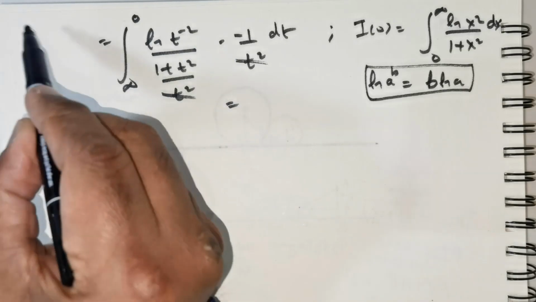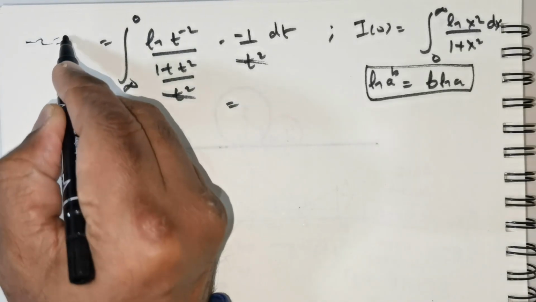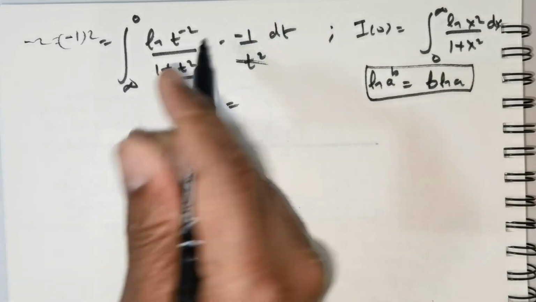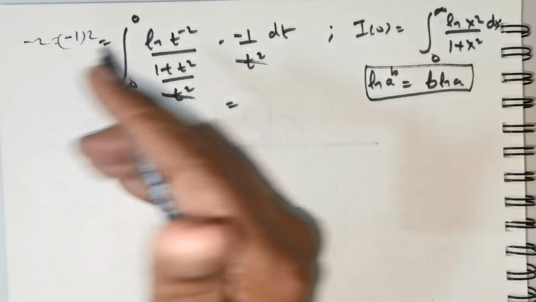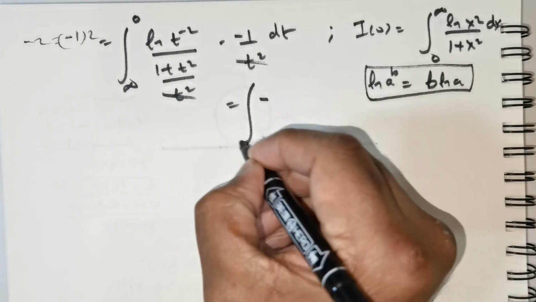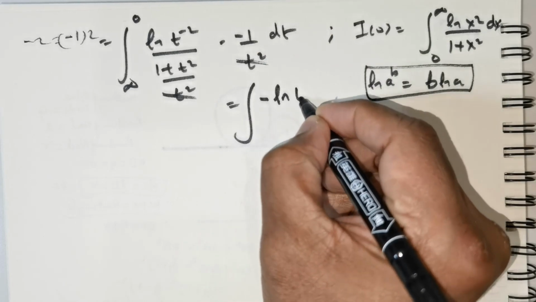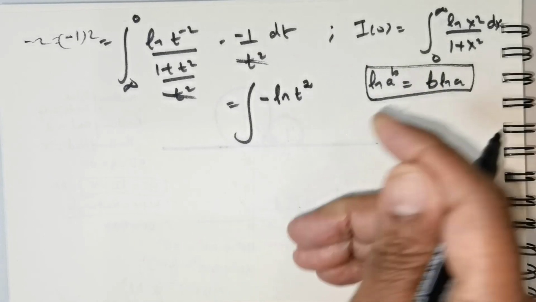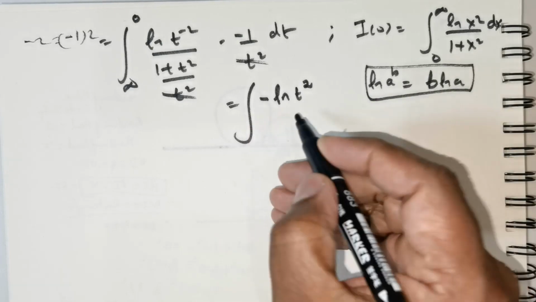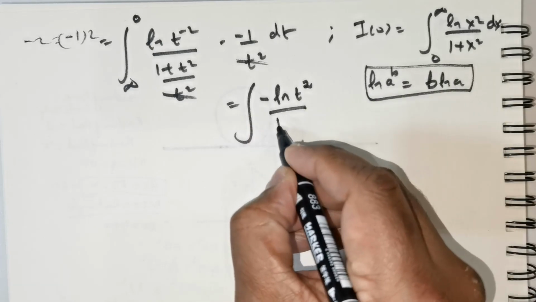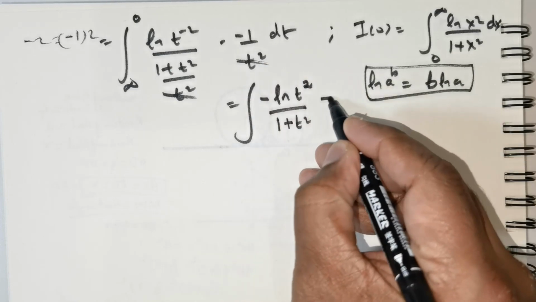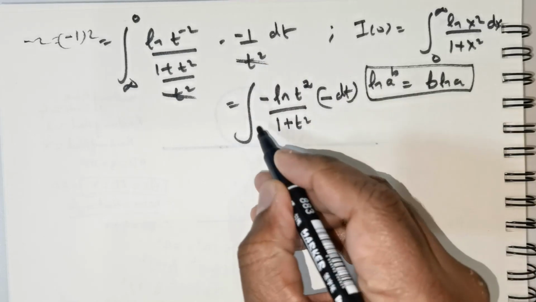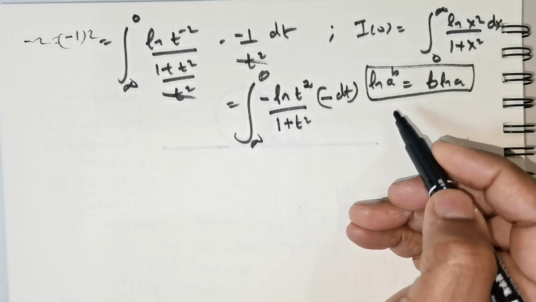This negative 2 is nothing but negative 1 times 2, right? So let me keep the 2 there and move the negative 1 down. So this can be rewritten as negative ln of t raised to the power of 2. This is perfectly possible. And in the denominator, I got 1 + t². Already you got a negative sign here, so it's going to be negative dt, and the limits are infinity to 0.